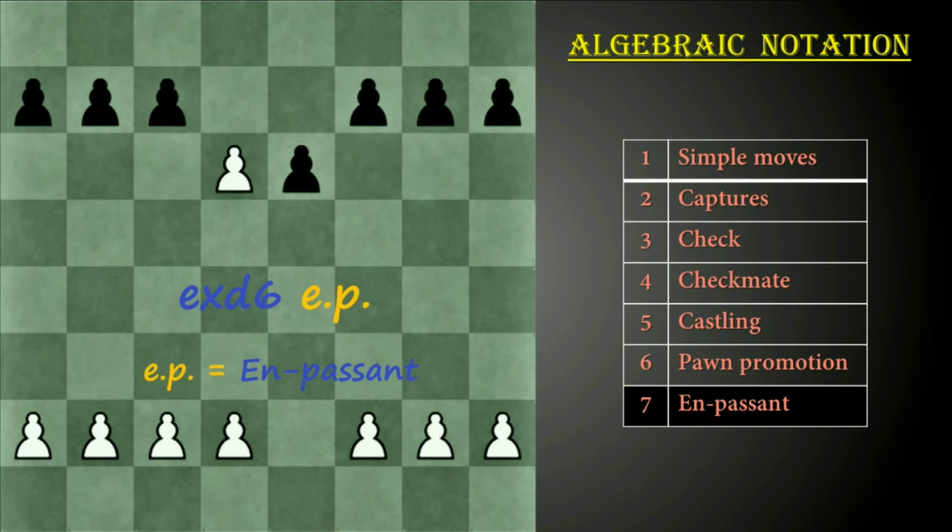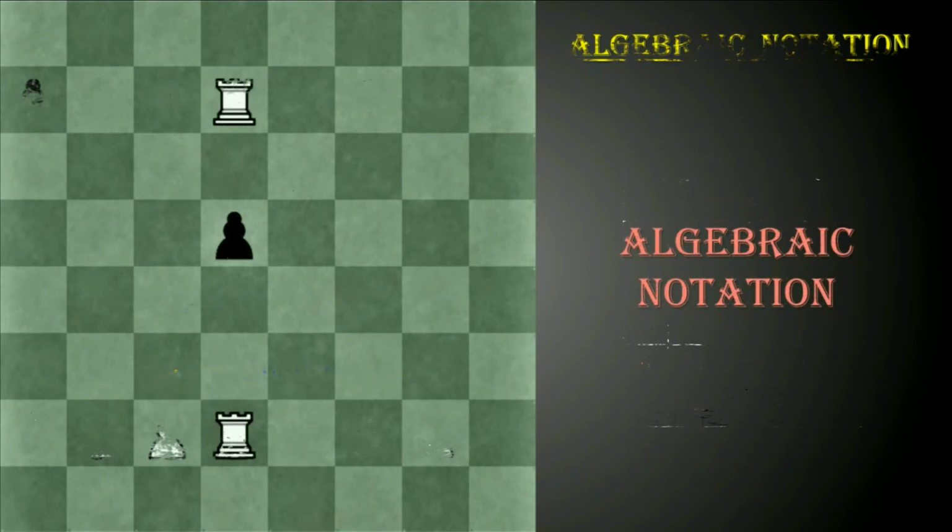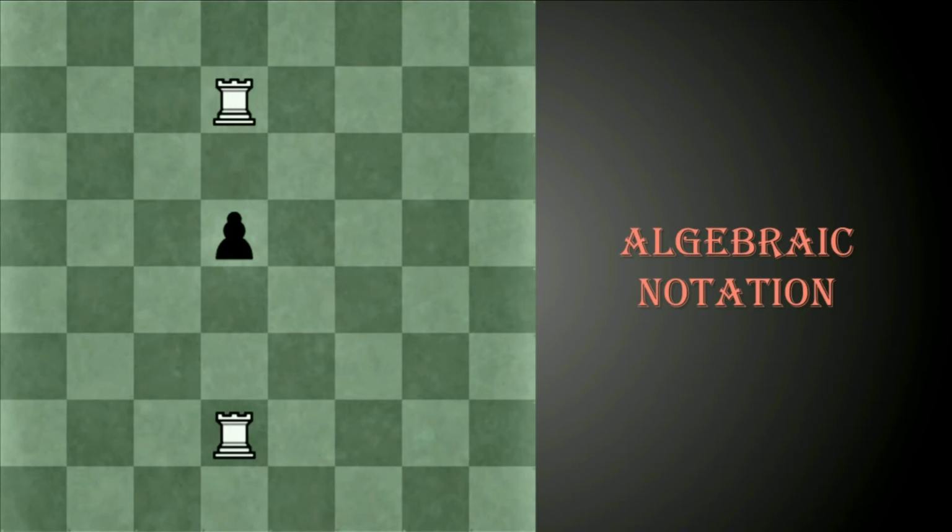Sometimes writing down a move may be ambiguous if we have multiple options. Let's see with an example. Here we go. We got a fresh position. If I say rook captures d5, you may ask which rook? Is there any difference between the rooks? Certainly.